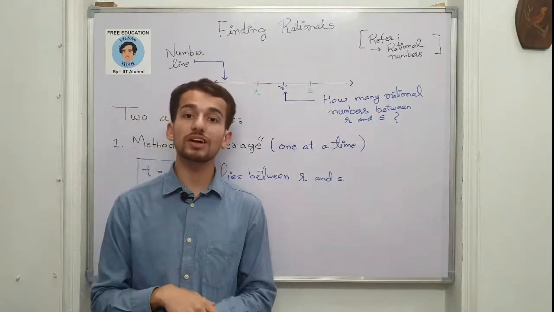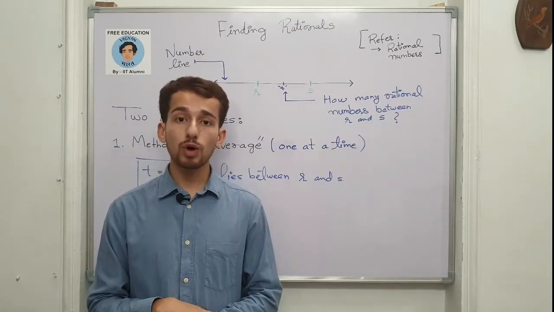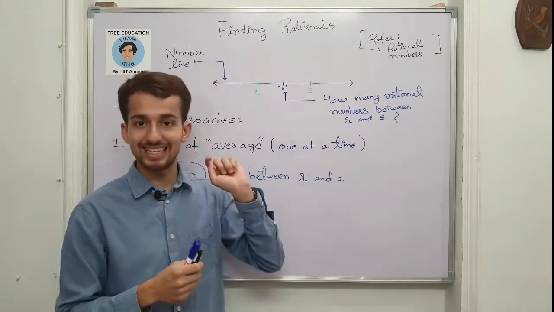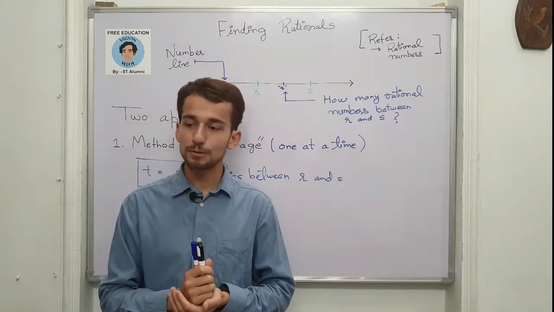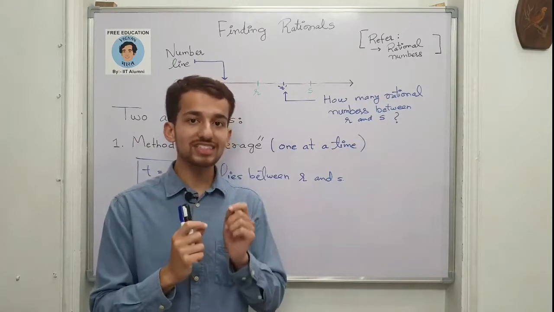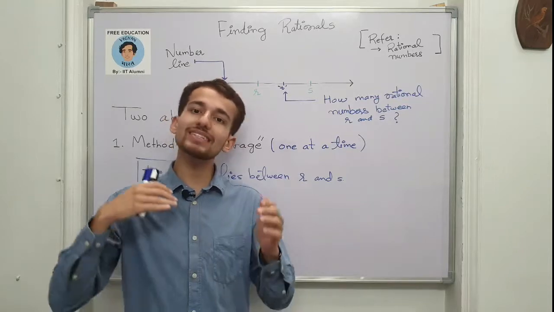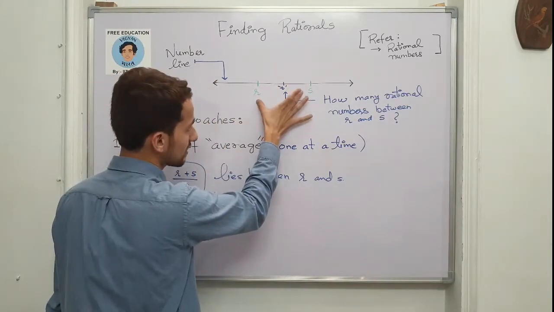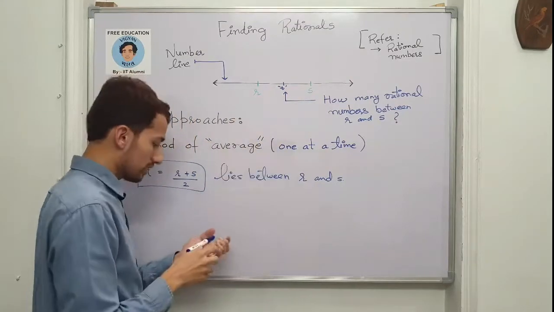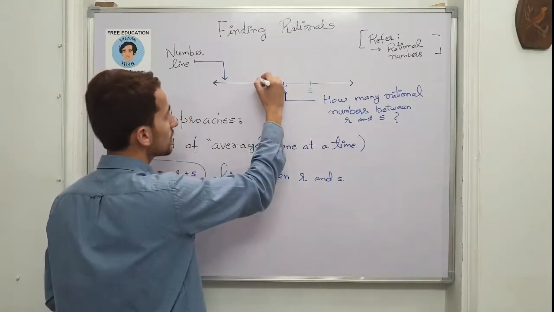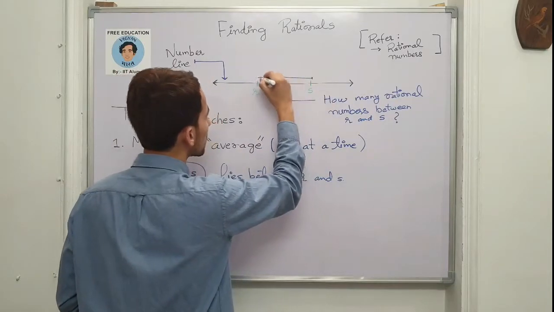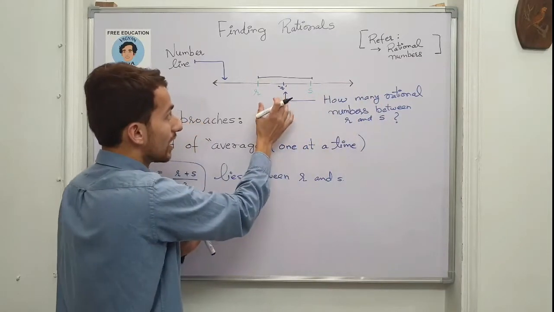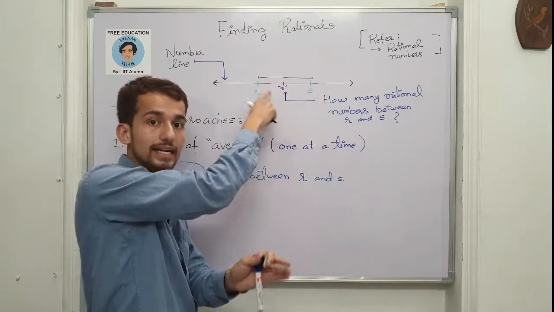Now there is a question which comes to your mind. If I want to find more rational numbers in addition to this t, which lie again between R and S, then using the first method, the method of average, we have to repeat the same process. We find that t lies between R and S, so this segment of the number line is now divided by t into two parts.